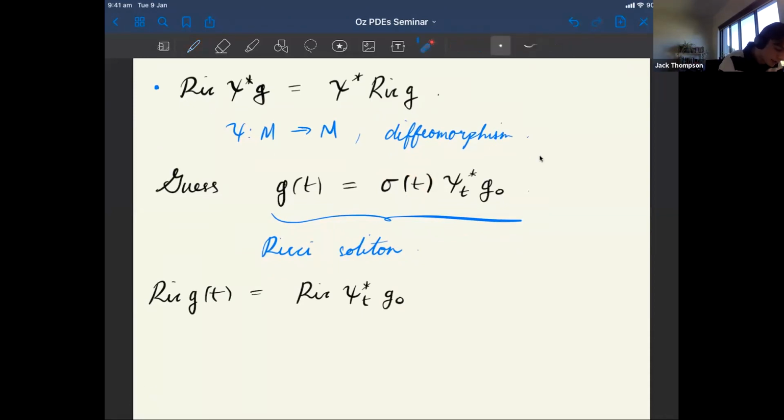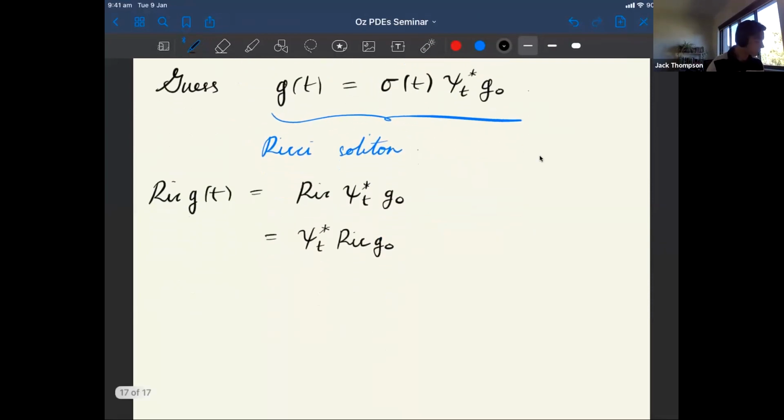Then using this property here of Ricci curvature, I can pull this out the front and get this expression. Okay, so that's the right-hand side of Ricci flow. So now what happens to the left-hand side? So that's the time derivative of the metric.